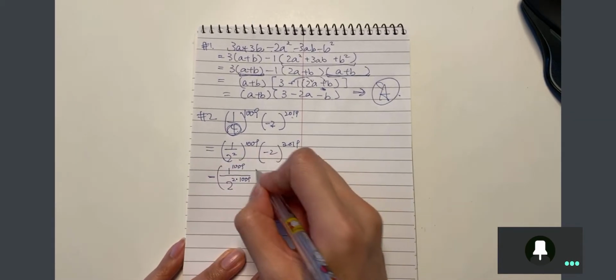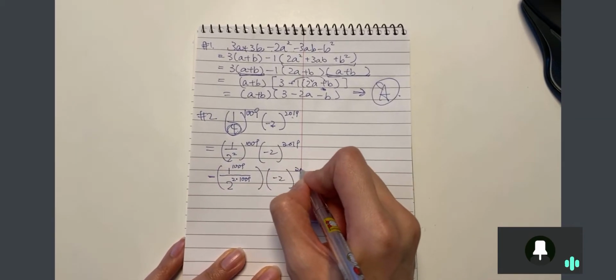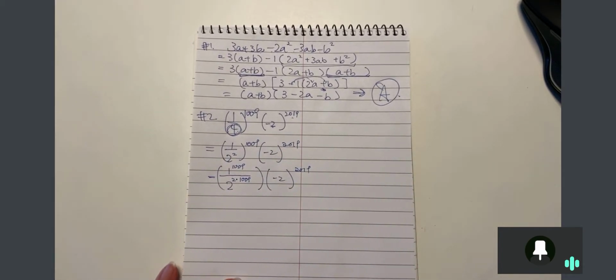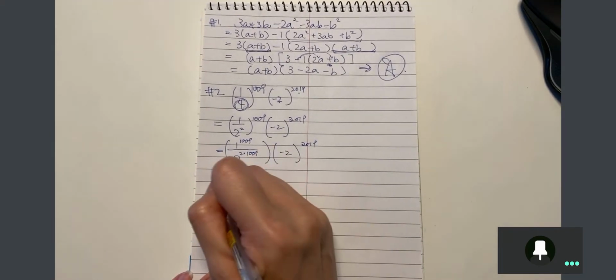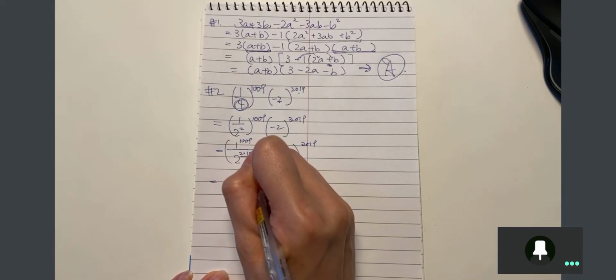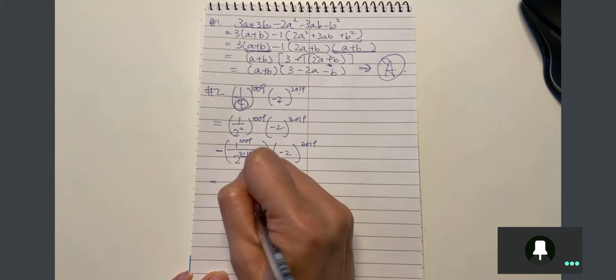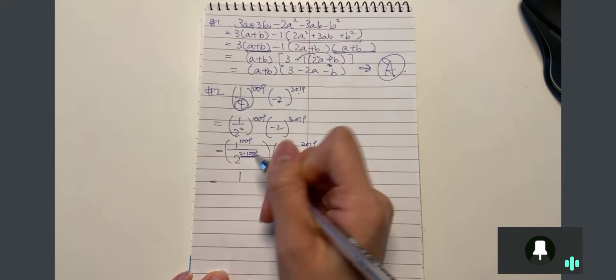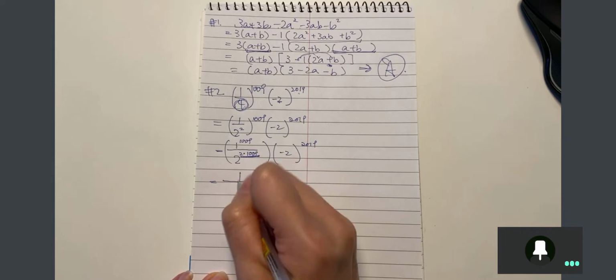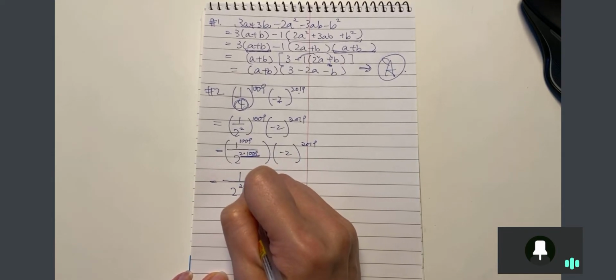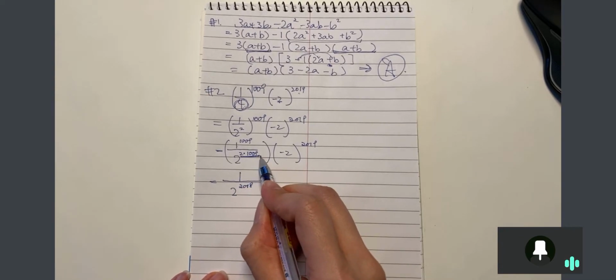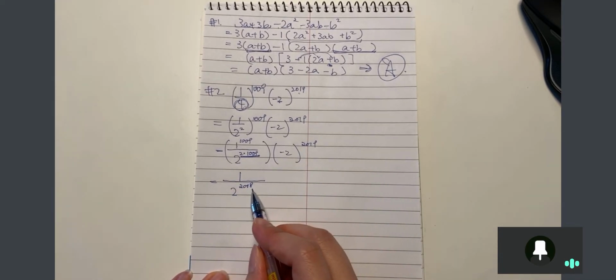Okay, and then remain the negative 2019, and then merge them. So 1 to the power anything is 1, and then 2 to the power 2018. 2 times 1009 is 2018.